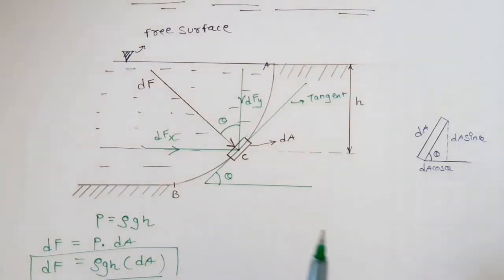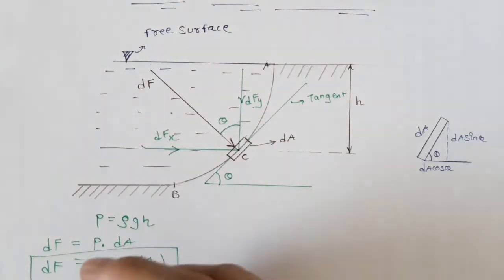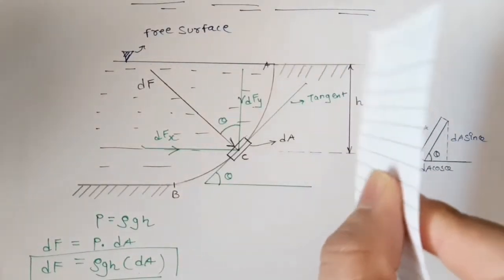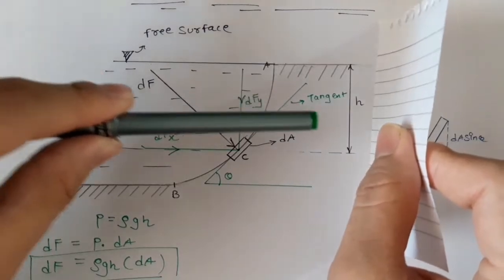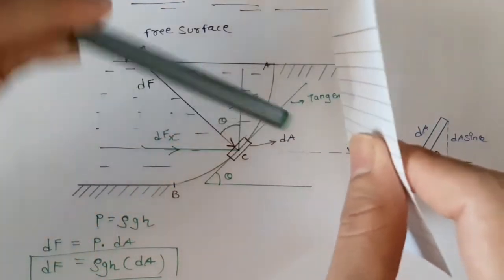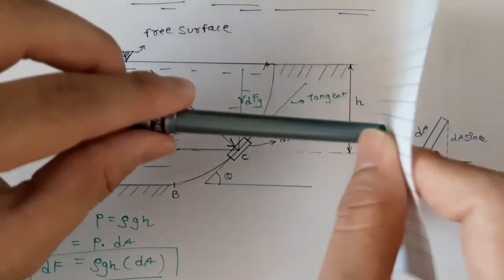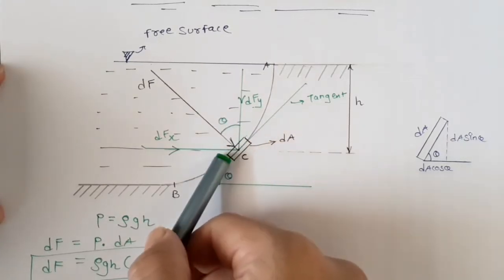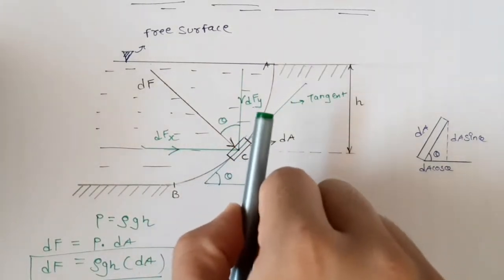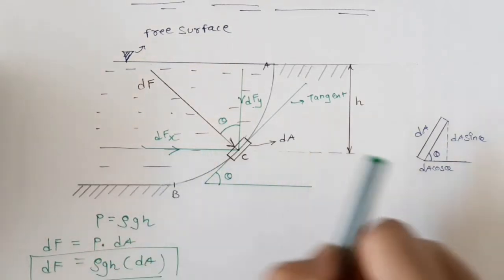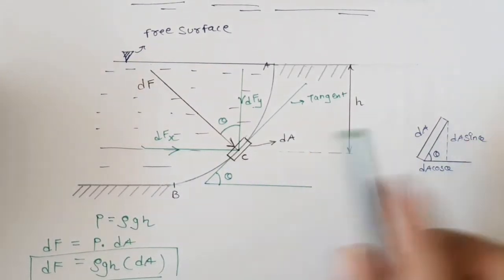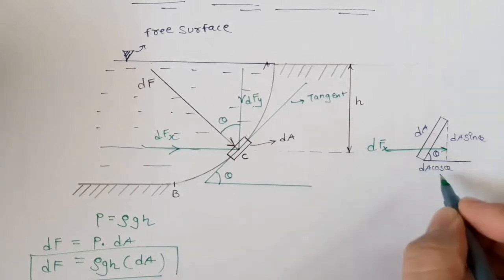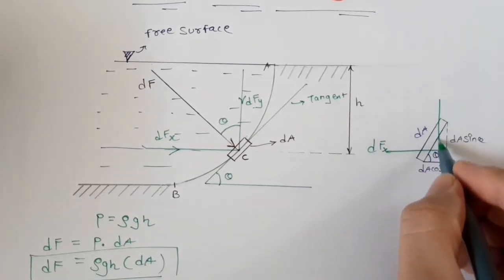As we know, this pressure force acts perpendicular to the area component. Let's say this paper is an area; the pressure force will always act perpendicular to it. It will not act at an angle. As this area element is inclined at an angle, we want the component of the area element perpendicular to the force dFx. Here you can see dA sin theta is perpendicular to the dFx force, and dA cos theta is perpendicular to the dFy force.